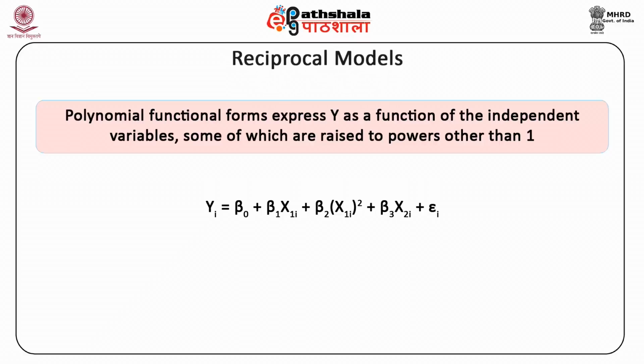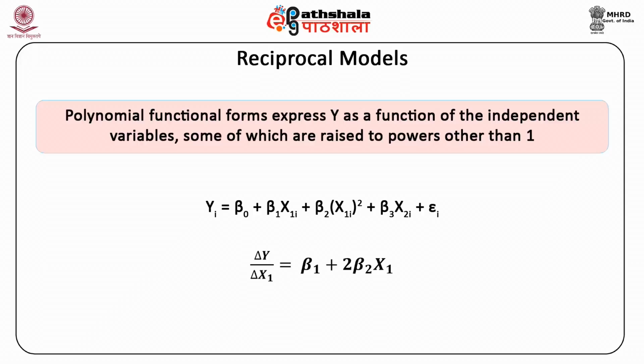The slope of y with respect to x1i in this equation is delta y/delta x1 = beta 1 + 2 beta 2 x1. Note that the slope now depends on the level of x1.